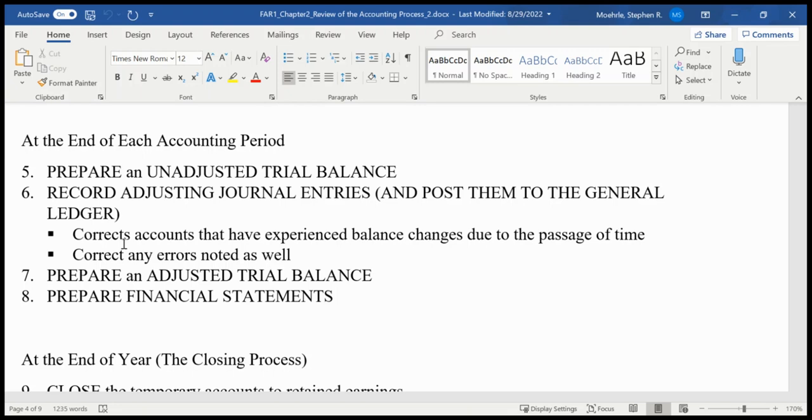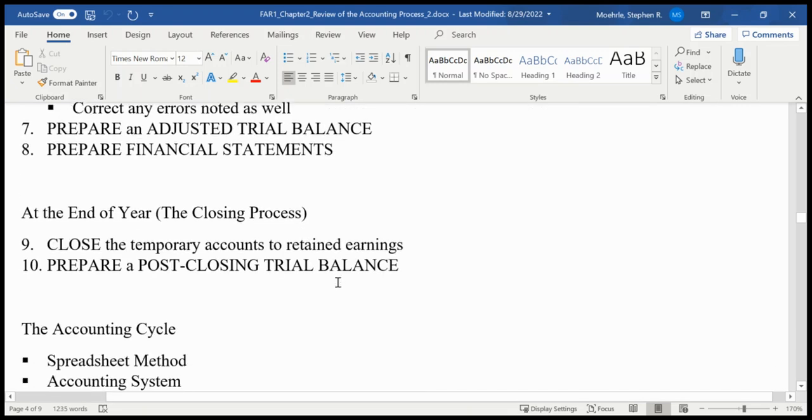We then prepare financial statements from the adjusted trial balance. At the end of every accounting year, we close the temporary accounts to retained earnings via closing entries, and we prepare a post-closing trial balance. Again, just ensuring that assets equal liabilities plus shareholders' equity.